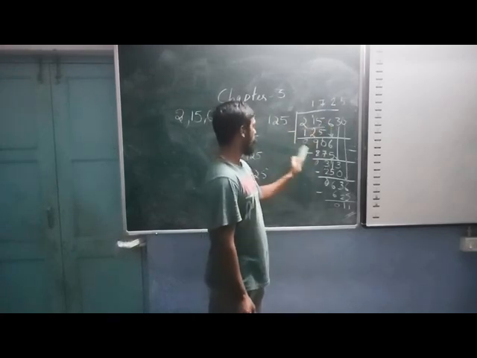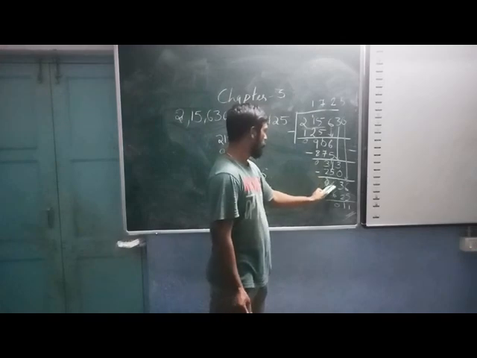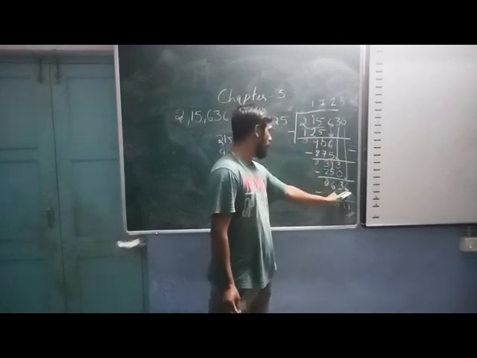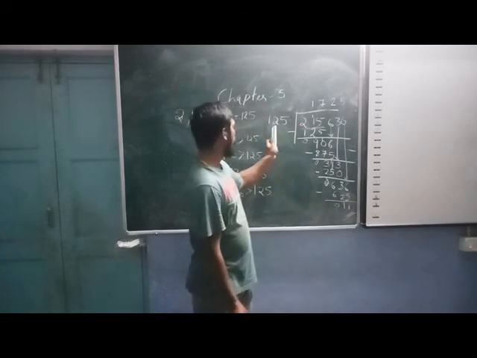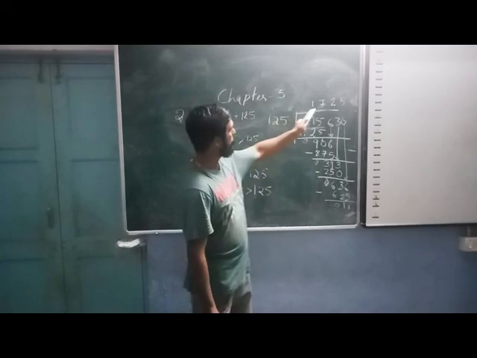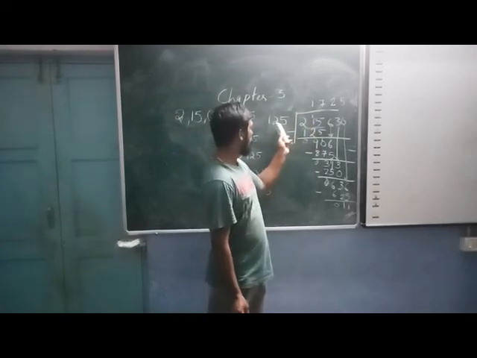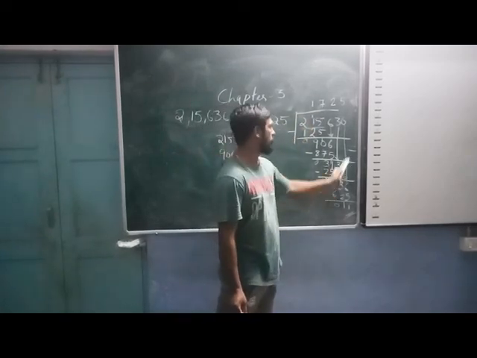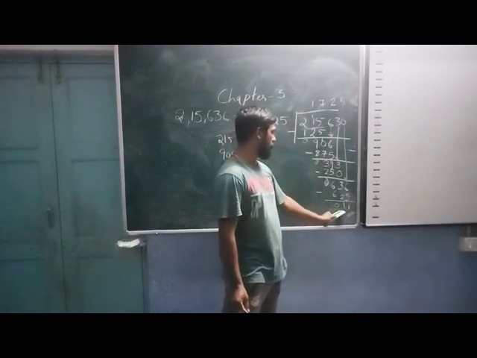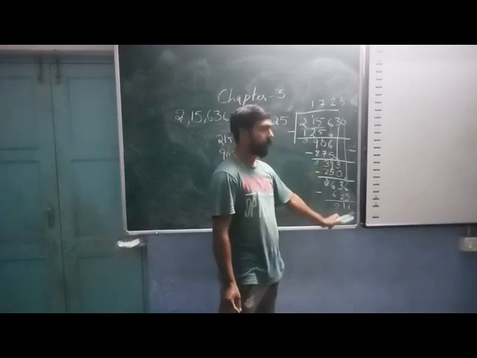So 2 times we multiplied, we got 250. So we subtracted, we get 63. So we brought down the 6 here. Now we saw 636 is greater than 125. So we thought how many times 125 in 636? 5 times. So we got 625 and we got the remainder 11.